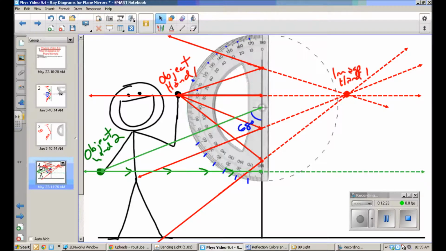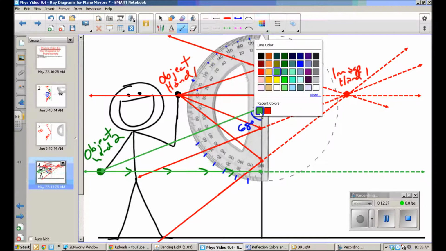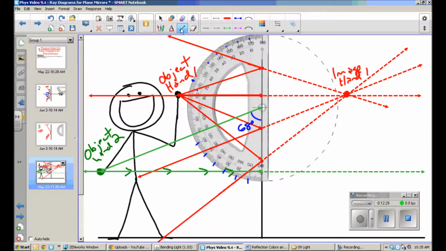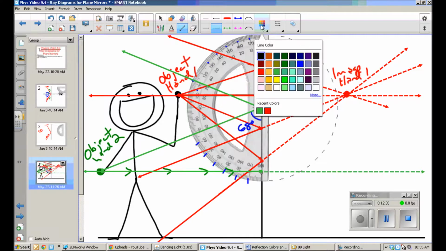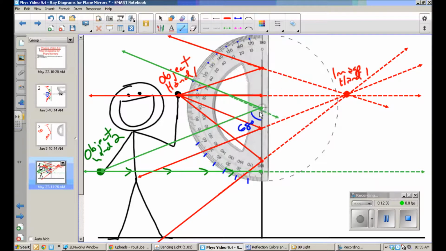Put a mark right there. Grab the green pen. 68 degrees we said was right there. Don't forget to extend it with the dotted line. Cross is way out there somewhere.